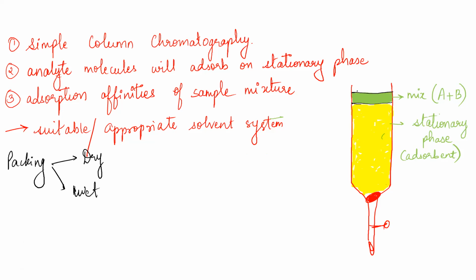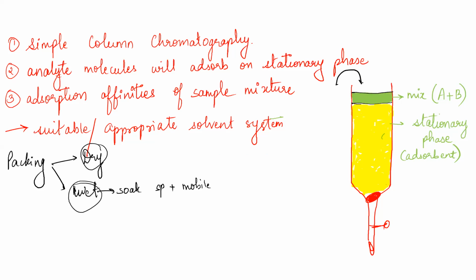So you pack the column, then you load the mixture. Now what will you do after loading the mixture? You have opted for either dry or wet. If you go for dry, you first pour in your stationary phase and then add the mobile phase over it. If you go for wet, you soak the stationary phase in your mobile phase first and then you pack it. After you pack it, you load the mixture on your stationary phase.